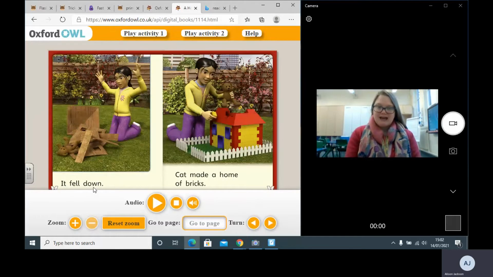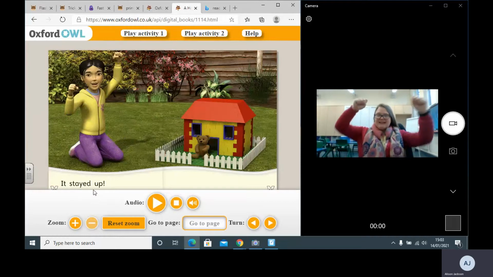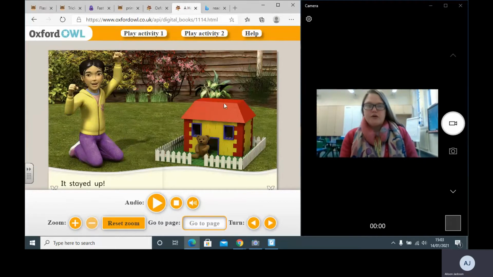It fell down. Cat made a home of bricks. It stayed up, and she's cheering like this. Yeah! Can you cheer at home? Oh, yeah! Okay, super. So she's very happy that she managed to make the home for her Ted.